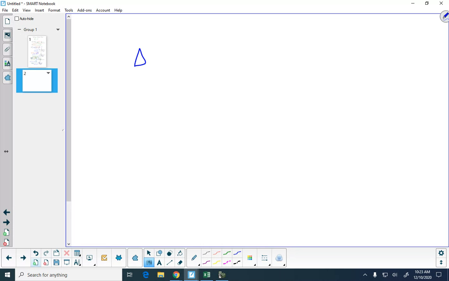Triangle BEN. We have b is 7 feet, e is 11 feet, and n is 6 feet.